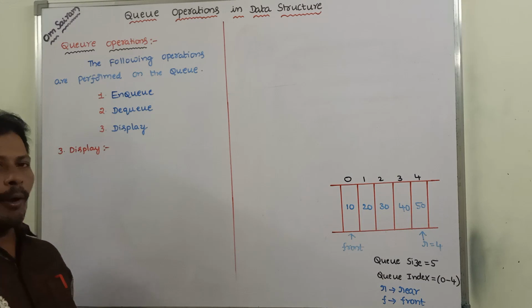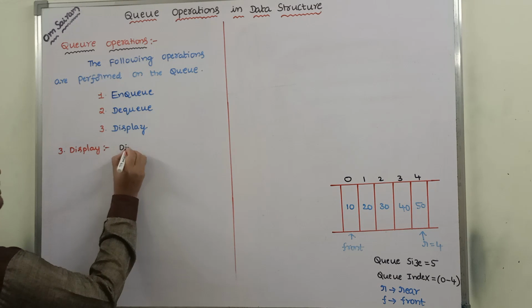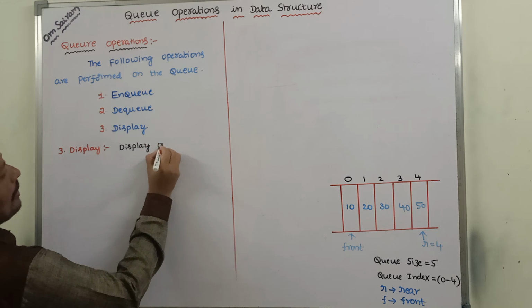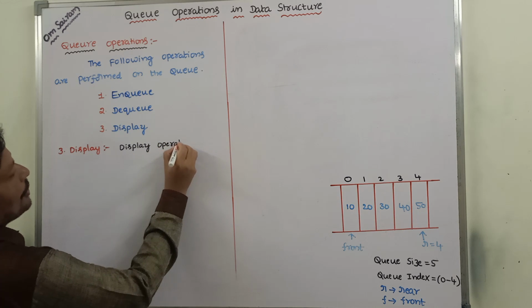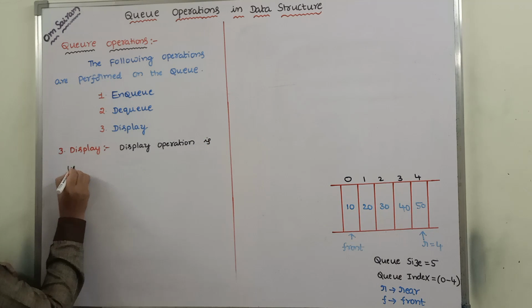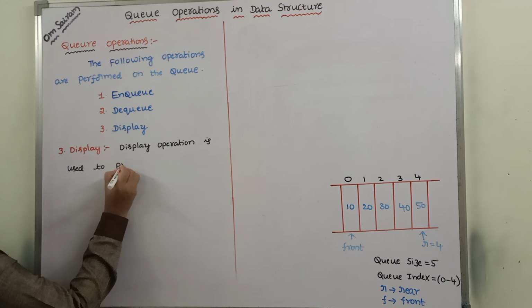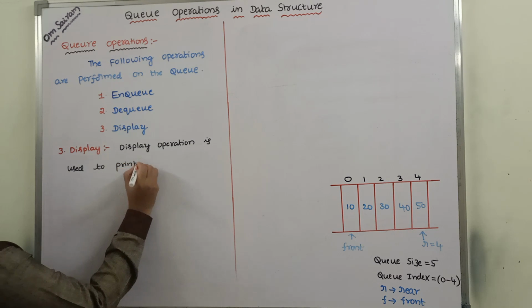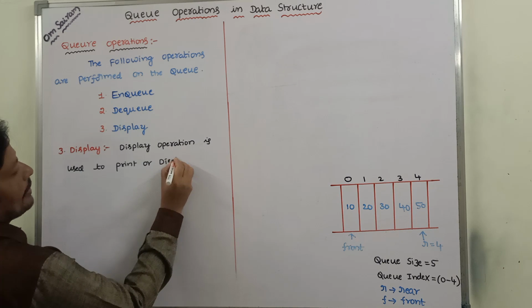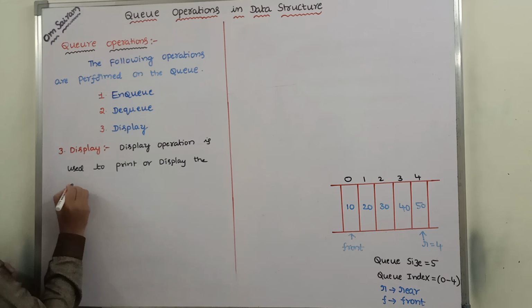Display operation is used to display or to print elements within the queue.